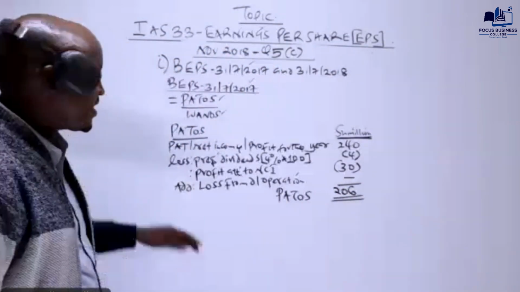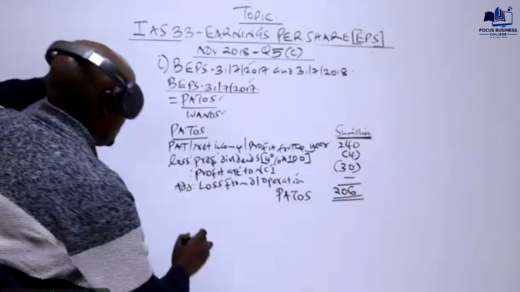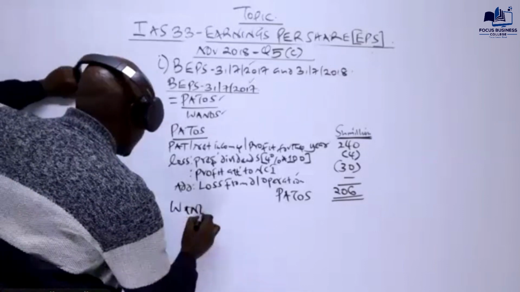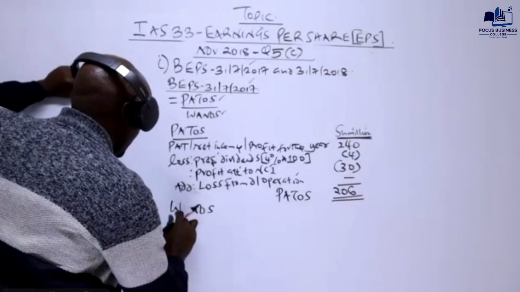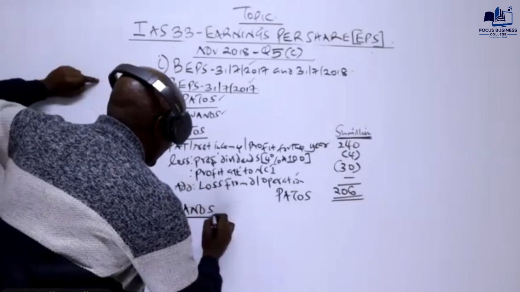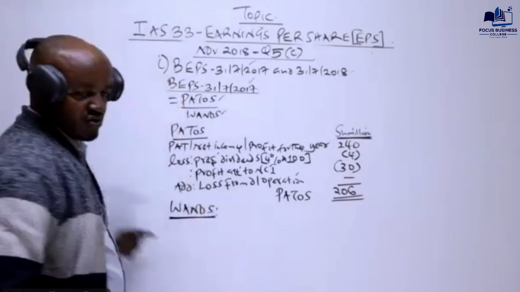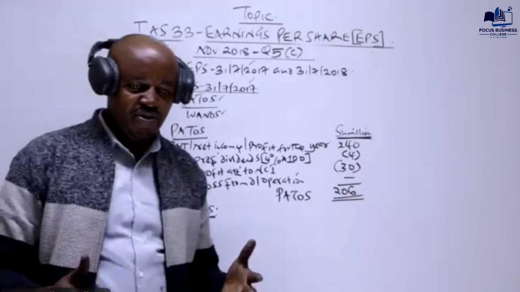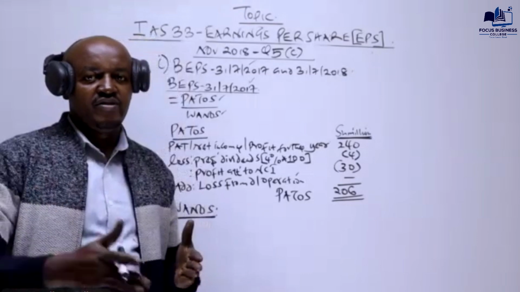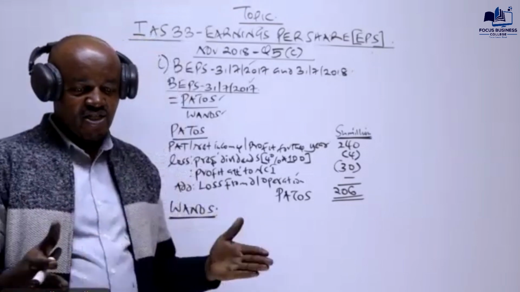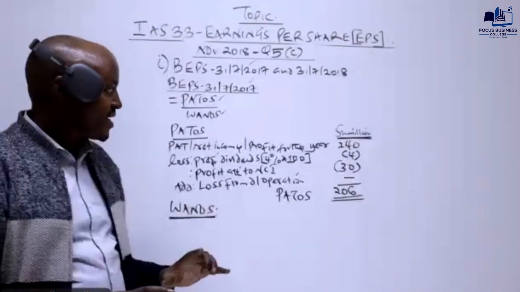So having that, we need to move and compute the weighted average number of ordinary shares. How do we compute this one? To compute this, we take the ordinary shares issued and fully paid at the start, and then we add the other shares which were issued by the company during the current year.